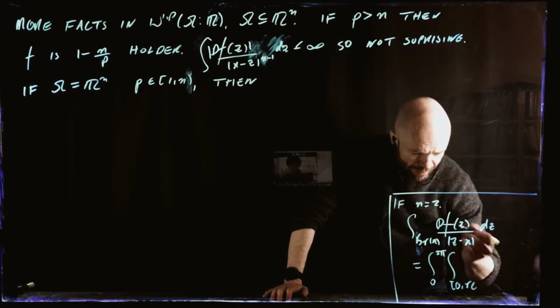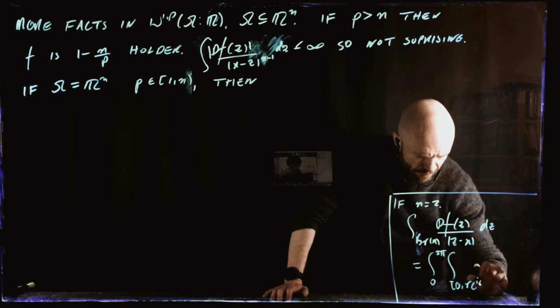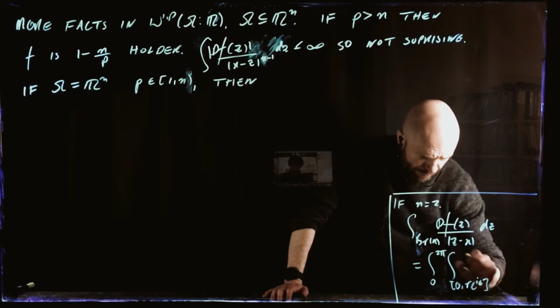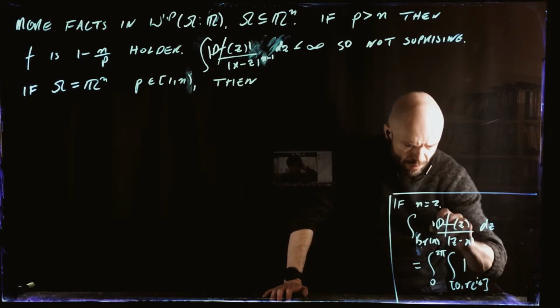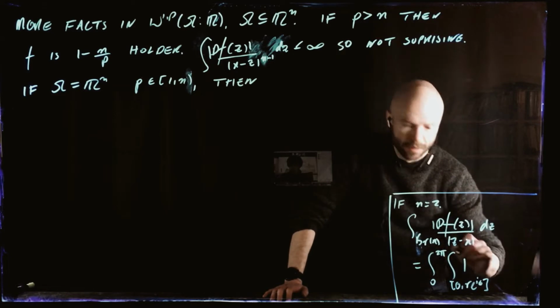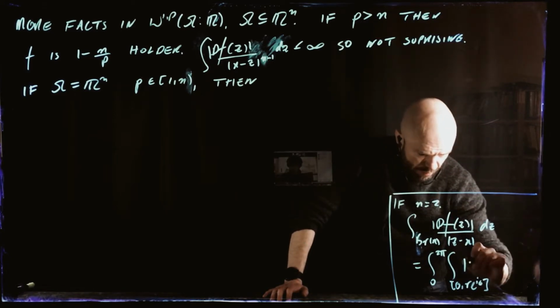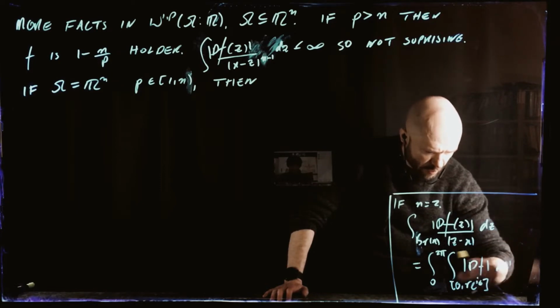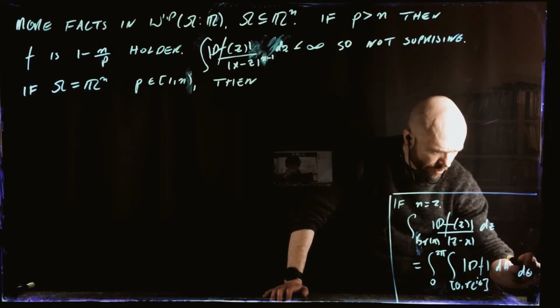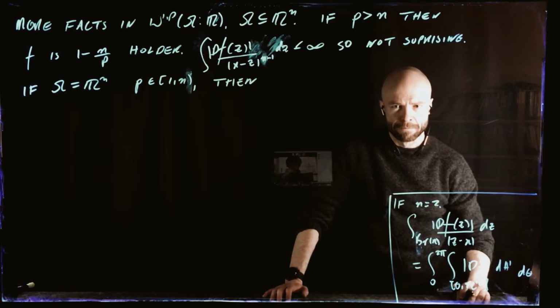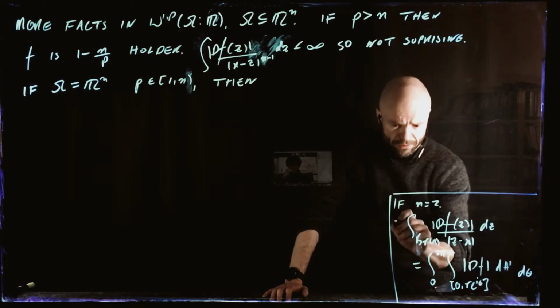So I'm identifying e to the i theta as this vector cosine of theta, sine theta. This is the H1 measure along this interval, and this is integrating with respect to this angle. Okay.